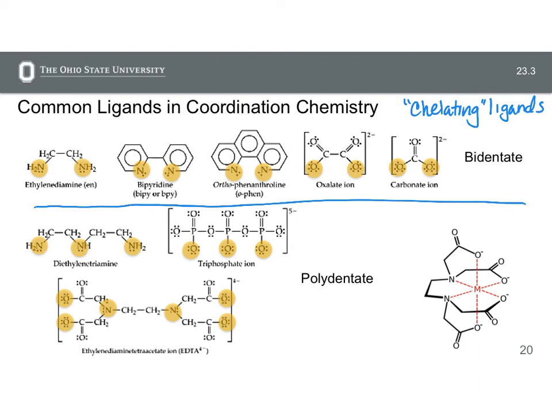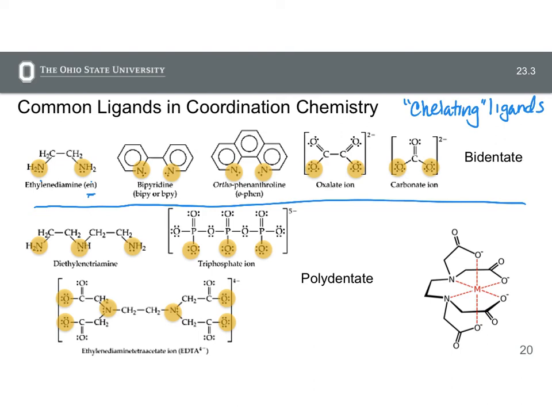So anywhere that there is a yellow sphere, that's where that atom will bond to the central metal atom. The other important thing on this table is the abbreviations. So ethylene diamine is a common ligand that you will come across. It's abbreviated EN, and I'll show you in a couple slides how that bonds to a central metal atom. But both of these nitrogens will bond to a central metal.